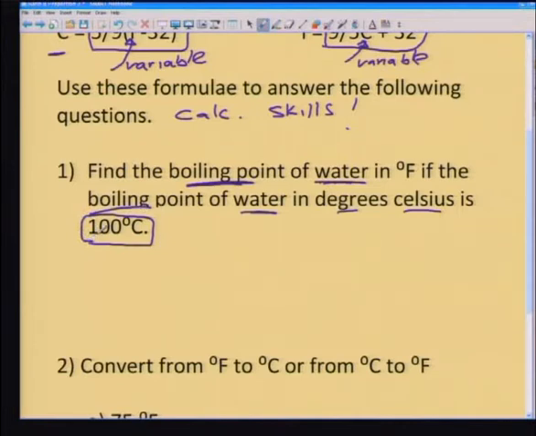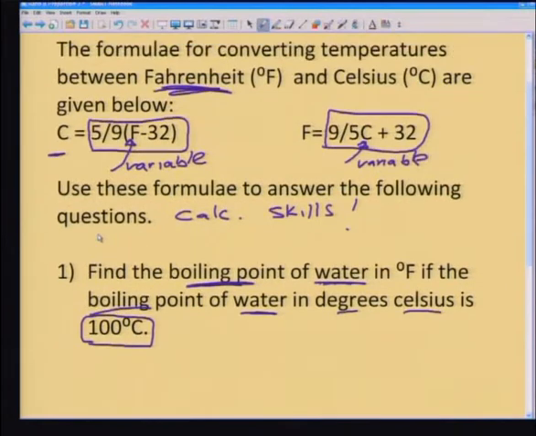So they gave you something in degrees Celsius. They're asking you to convert it into Fahrenheit. So that means the formula you're going to use is this one, the one that converts your degrees Celsius to your degrees Fahrenheit.